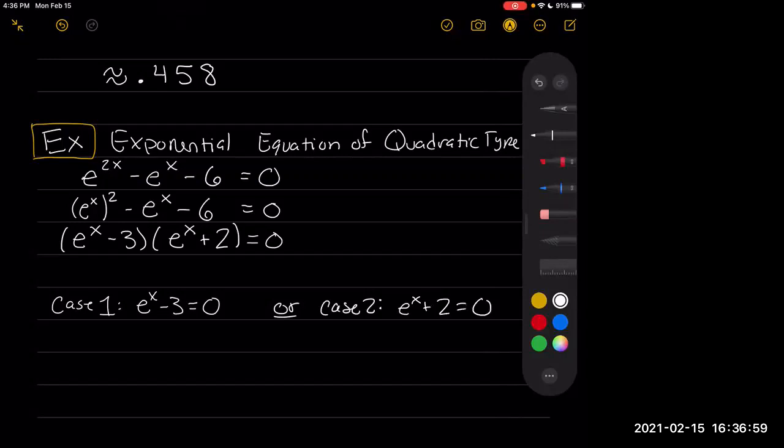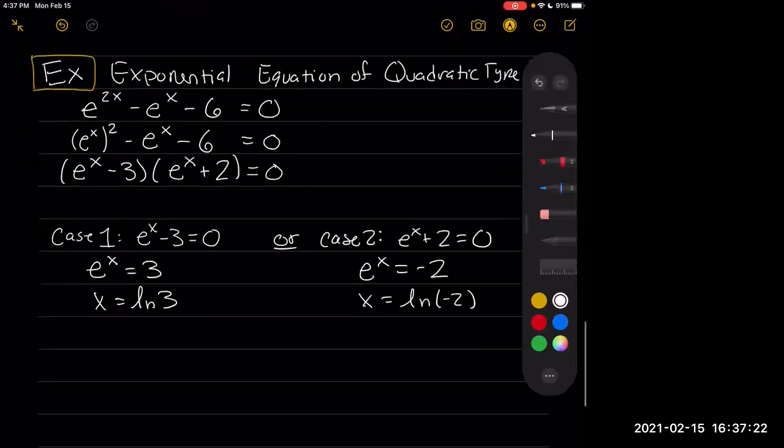So then let's solve for case 1 first. We will get e to the x equals 3, so x equals the natural log of 3. And then here in case 2, we'll have e to the x equals negative 2, and then we'll have x equals the natural log of negative 2.